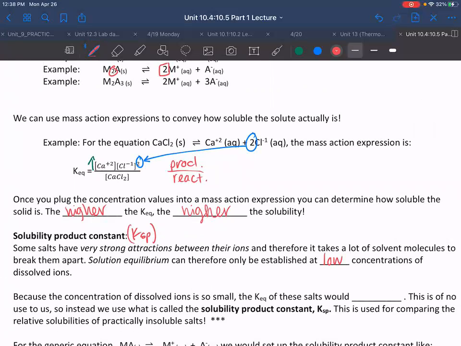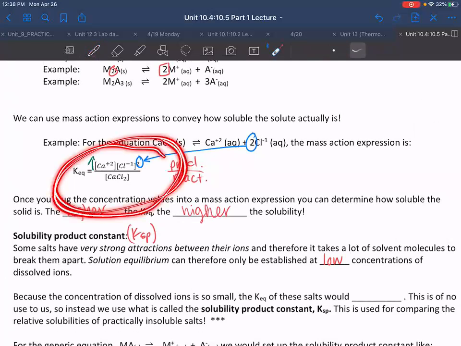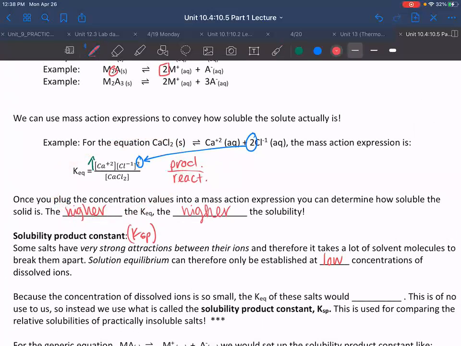And because the concentration is so small, if we were to calculate a KEQ, like a mass action equation, I'm going to write another generic one to represent this.